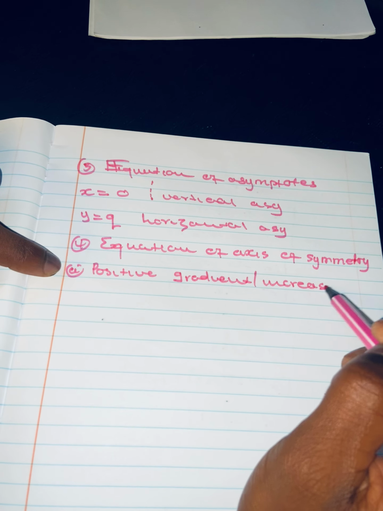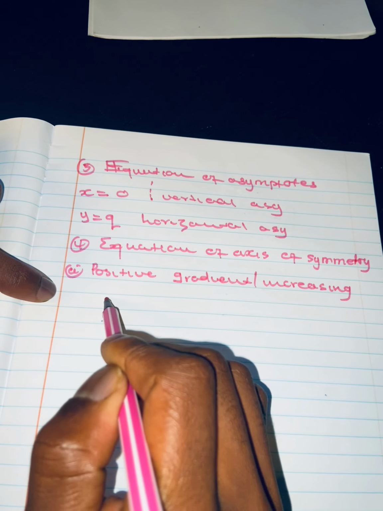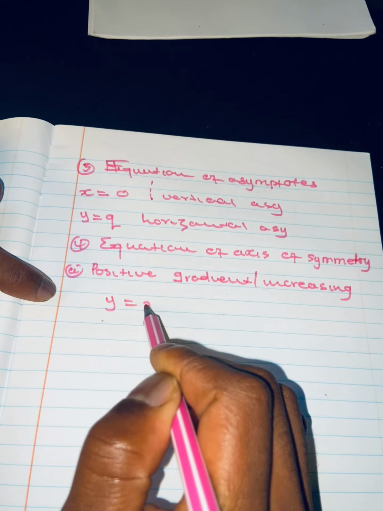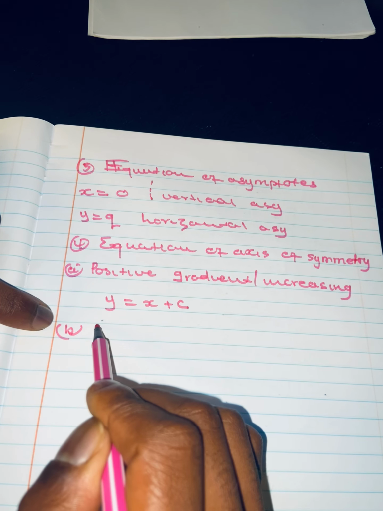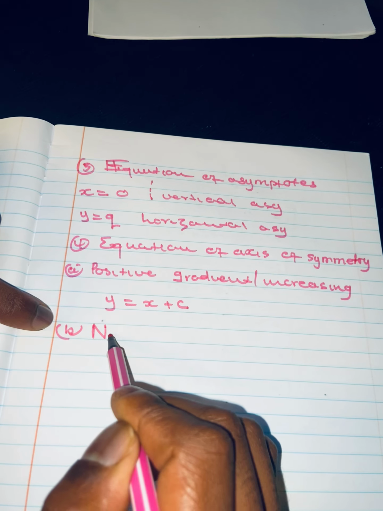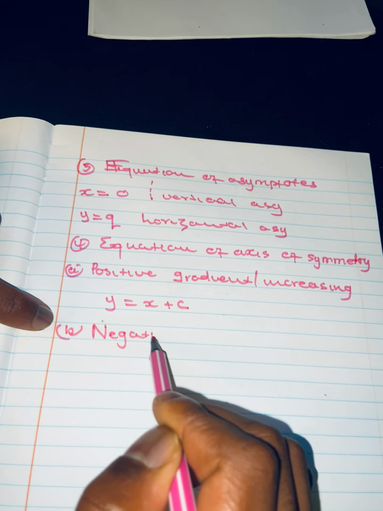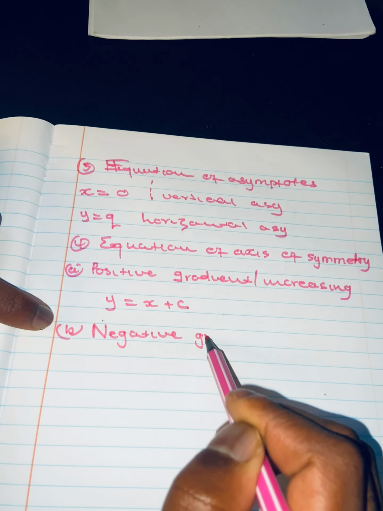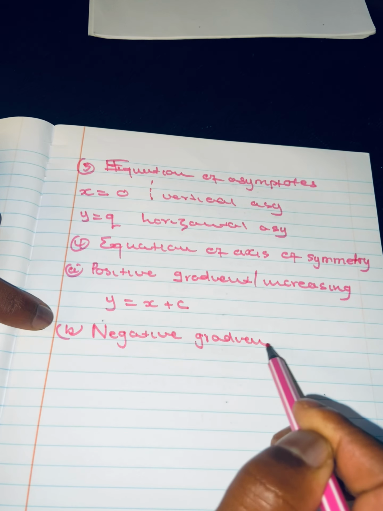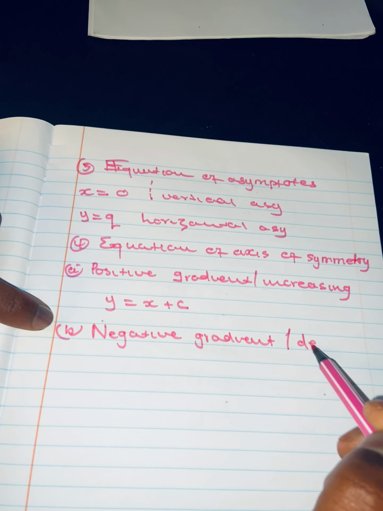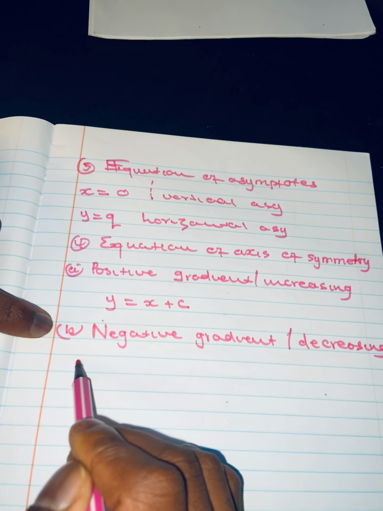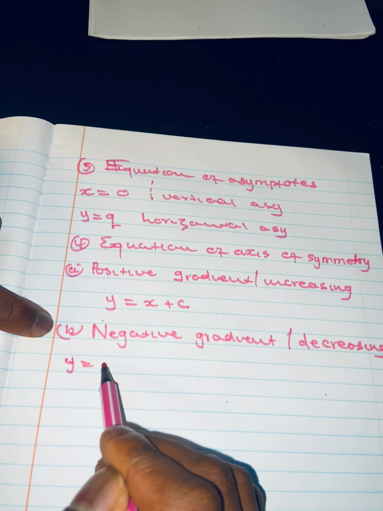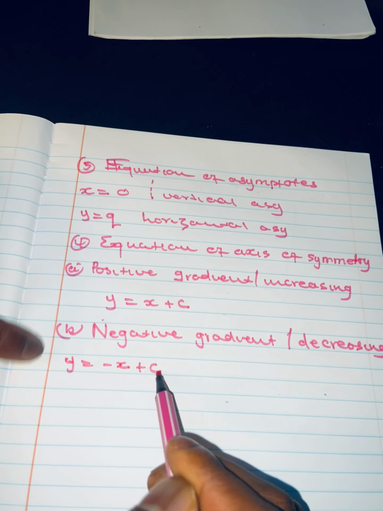When they say positive or increasing, you must know you're going to use the equation y equals x plus c. The moment they ask about a negative gradient, they can also say decreasing. When it's decreasing, it's going to be y equals negative x plus c.